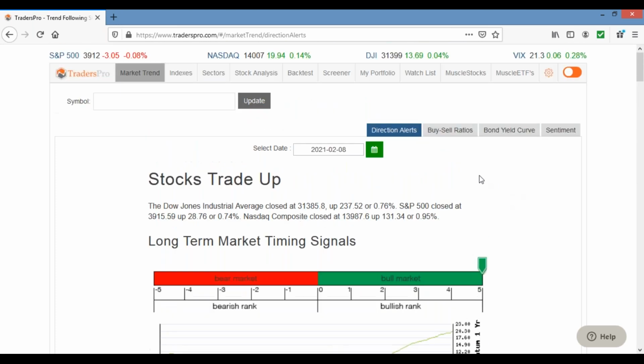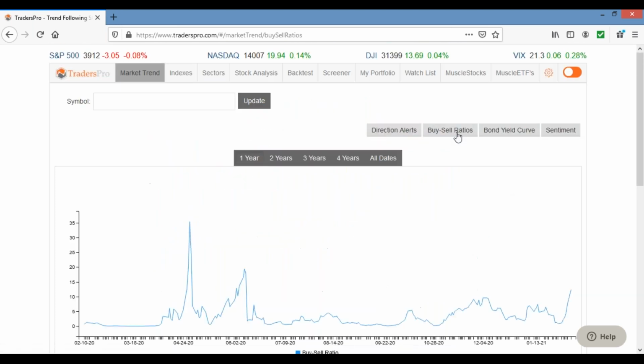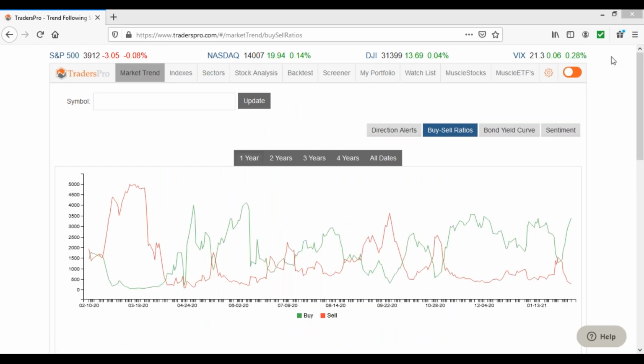We look at the buy-sell ratios. They've kind of widened out a little bit. They are getting into a little bit of that extreme range, and so we do have to kind of be aware of that.